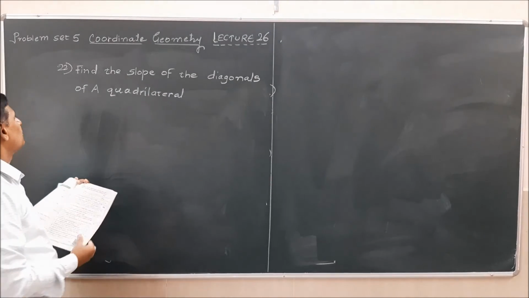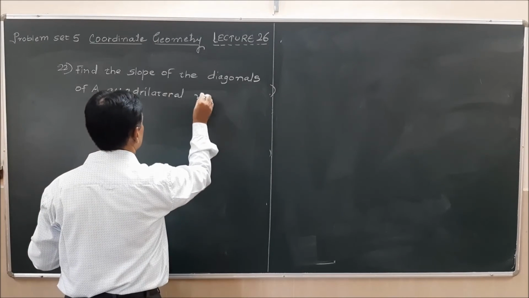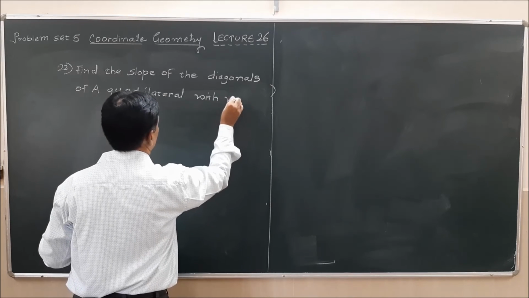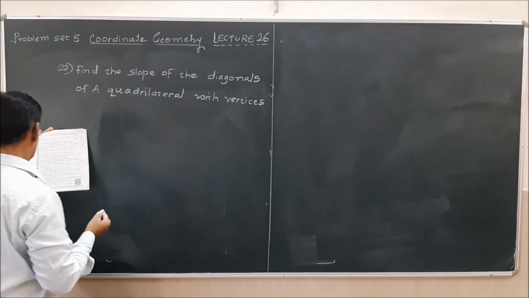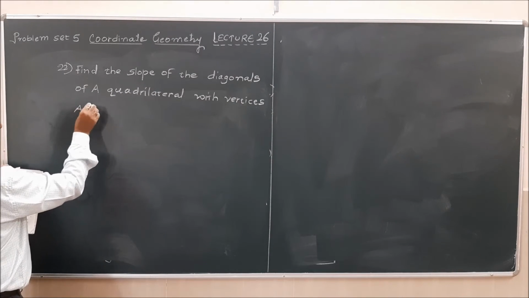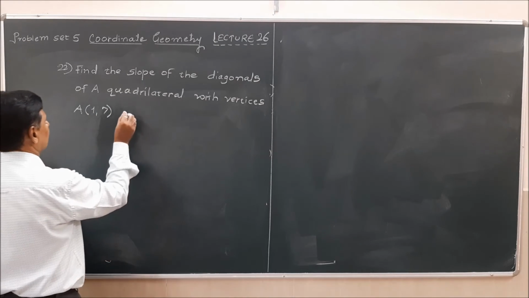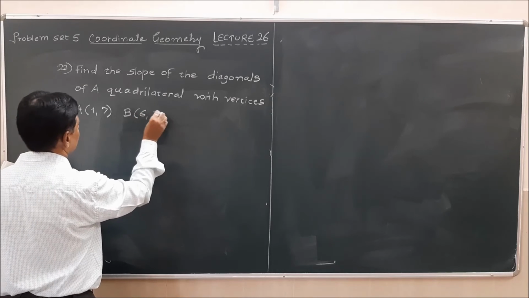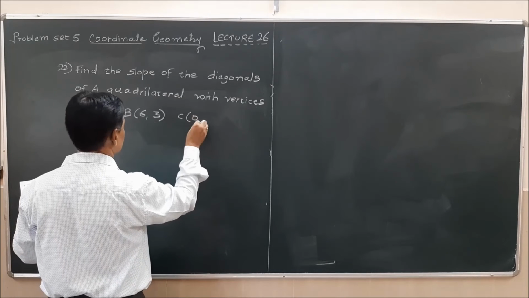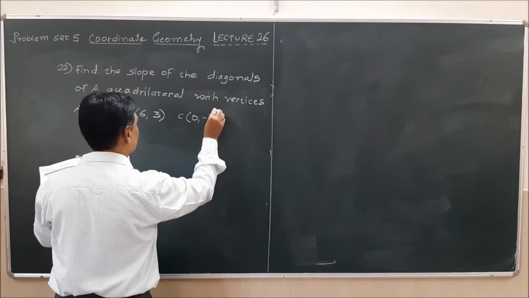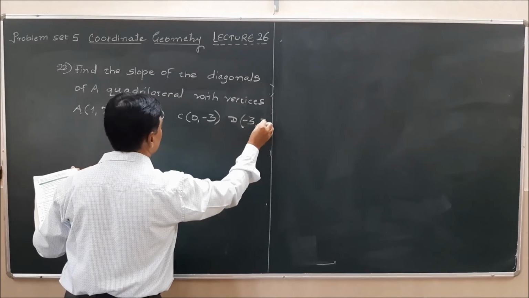Find the slope of the diagonals of a quadrilateral with vertices A(1, 7), B(6, 3), C(0, minus 3), D(minus 3, 3).